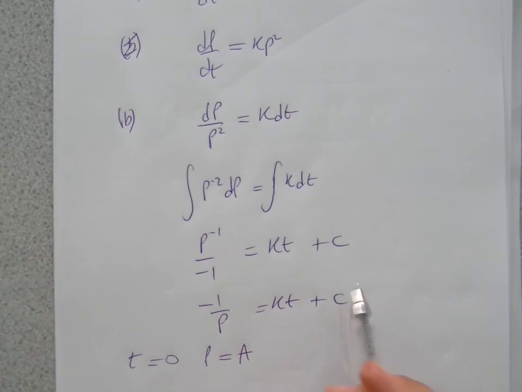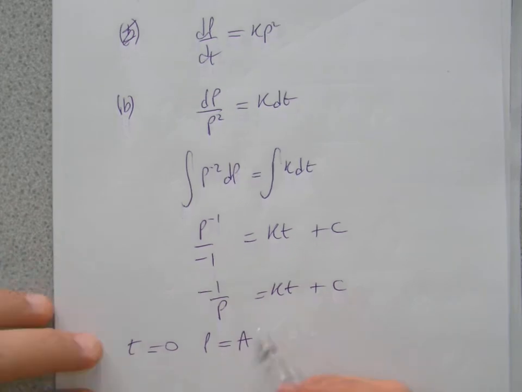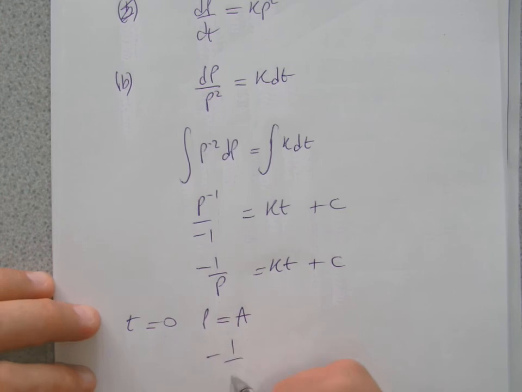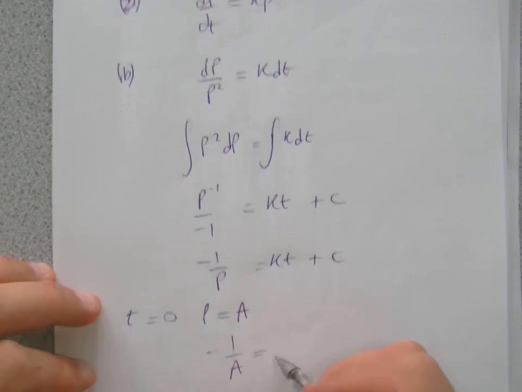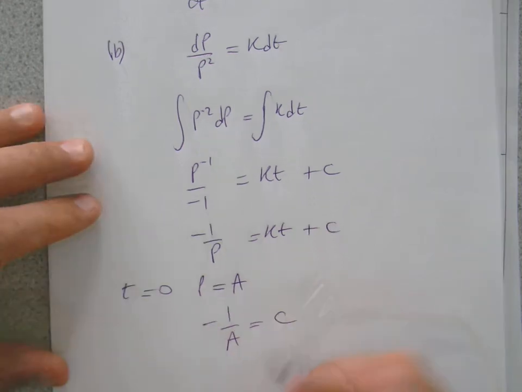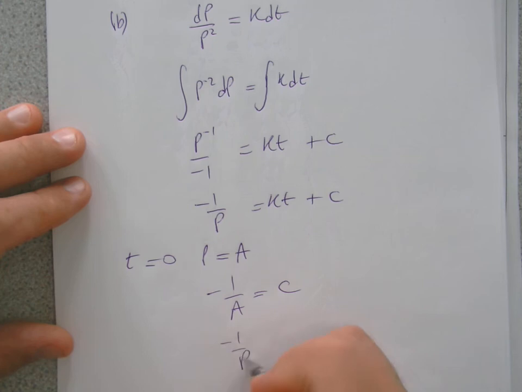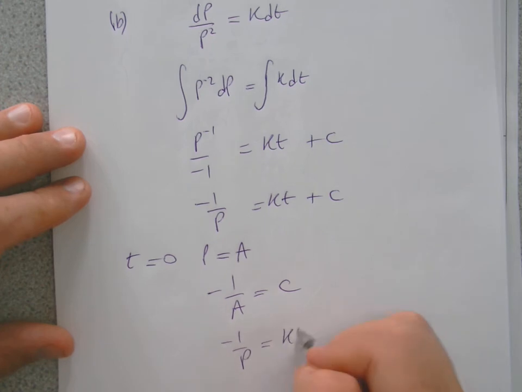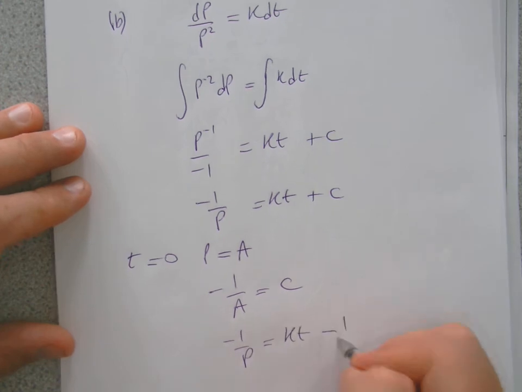So we get minus 1 over A equals kt, now t is 0, so you've got your constant there straight away. Sub it in, it's minus 1 over A.